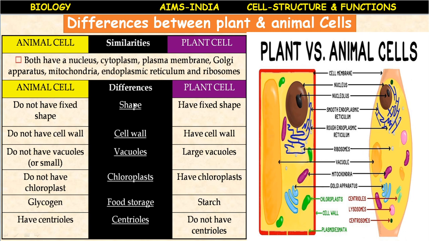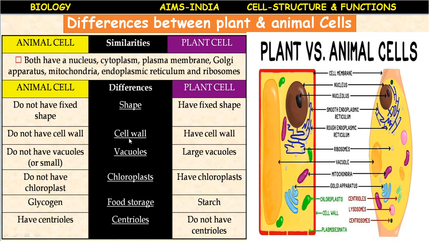Let us see the differences now. If you see the shape, plant cells possess a fixed shape, but animal cells do not have a fixed shape; they are of different shapes.